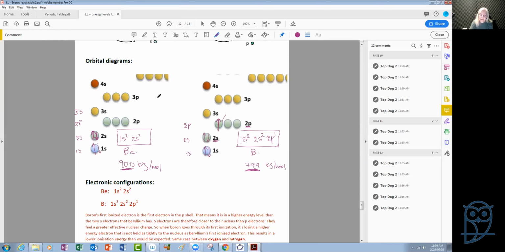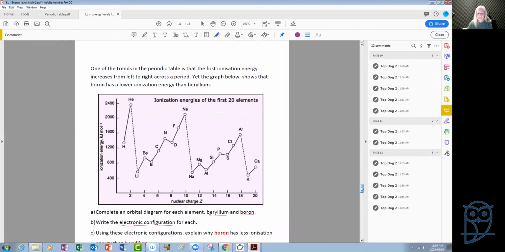Always when we have orbitals which are fully, in fact, we're going to see an example in the same period, so maybe I should stop talking and we'll discuss it when we get there. Between the nitrogen and the oxygen, we see the same trend, the same abnormality like we see with beryllium and boron.